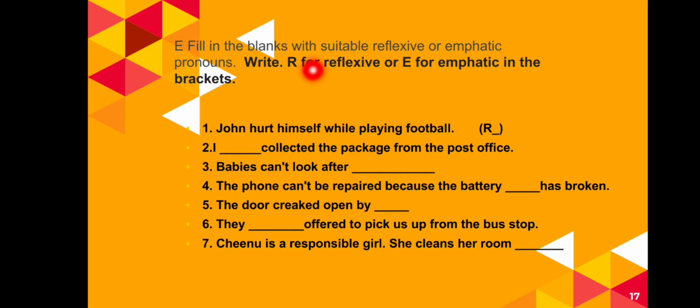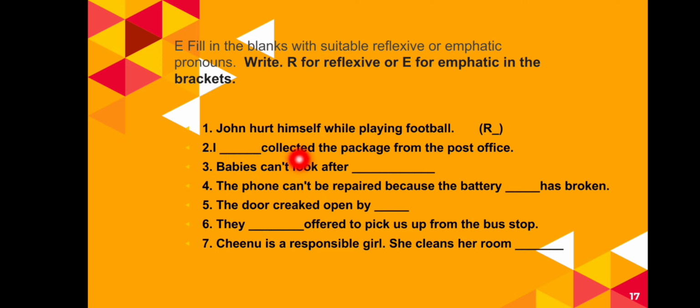Now let's do exercise E. Fill in the blanks with a suitable reflexive or emphatic pronoun. Write R for reflexive or E for emphatic in the brackets. John hurt himself while playing football.